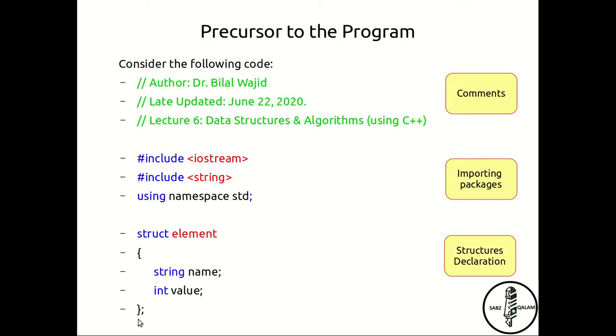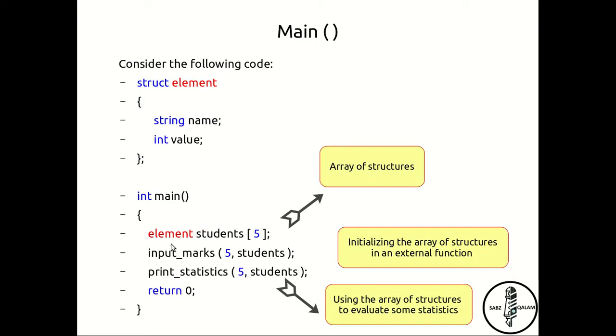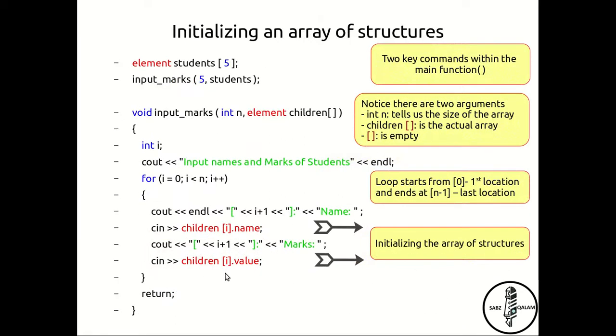The only global-like definition is that of an element. Otherwise I would have declared element student 5 globally, but I didn't do that. I declared the array of structures as part of the main function. But we see here that it is being passed, and whatever changes are made here are reflected here. So they do act somewhat like global variables. Now, what we are doing here is declaring a loop. The loop starts from 0, which is the first location, and ends at n-1, which is the last location.